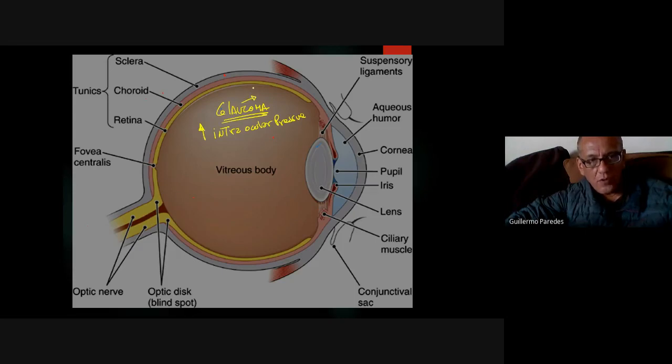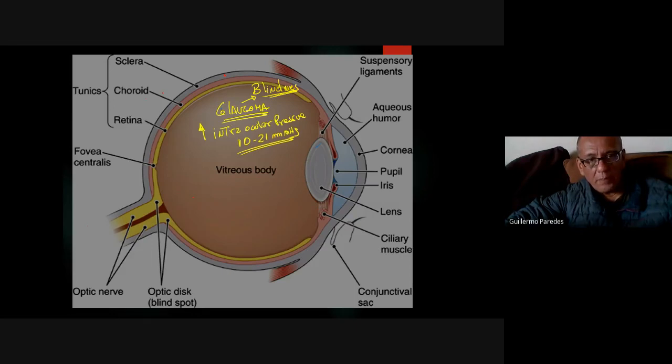With time, glaucoma can lead to blindness. Glaucoma is a cause of blindness in patients. There are two different types, but I'm not going to go into that. The intraocular pressure should be 10 to 21 millimeters of mercury. When you go to the optometrist, they are going to measure the pressure of the eye.